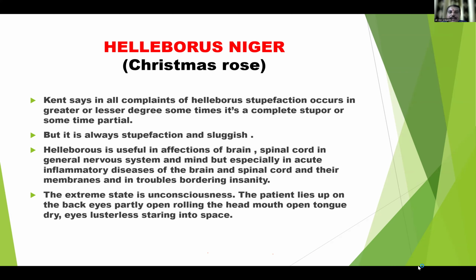The brain and spinal cord diseases. It may be insanity or it may be a physical inflammation. The extreme state is unconscious, like opium, like zincum metallicum. The opiums, the zincum mets, the Helleboruses, all may at one point reach this unconscious state.